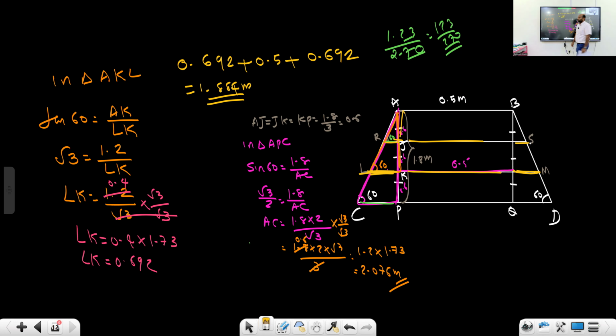Just try quickly. In triangle AJR, try. Tan 60 equals 0.6 by RJ.